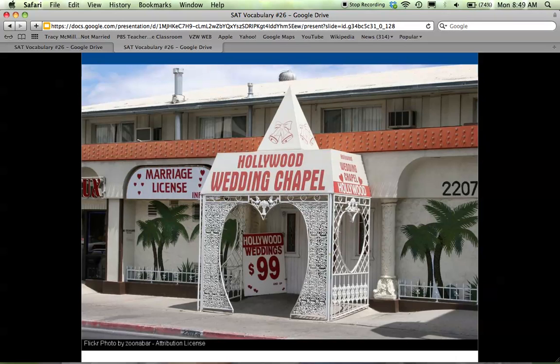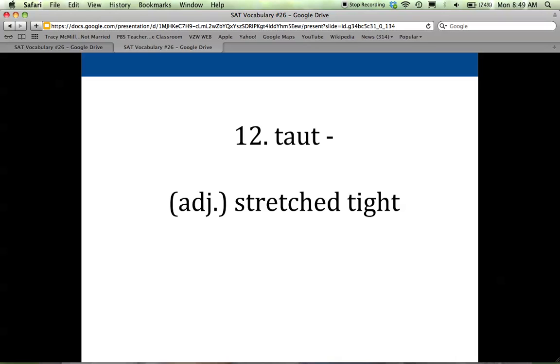Las Vegas is known for the spontaneous wedding where people can basically decide on a whim, we're going to get married and do it. Whereas most people, they get engaged and there's a lot of planning and it just takes a lot of time. So that would be the opposite of spontaneous. But if you just go to this Hollywood wedding chapel and you decide you're going to do it, then that's a spontaneous decision.